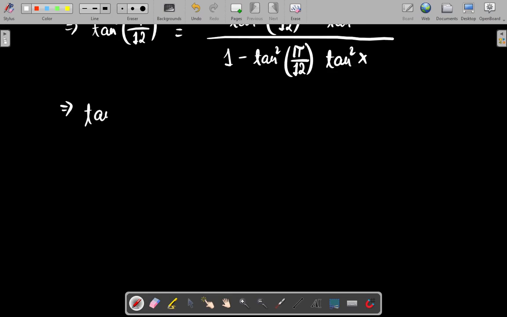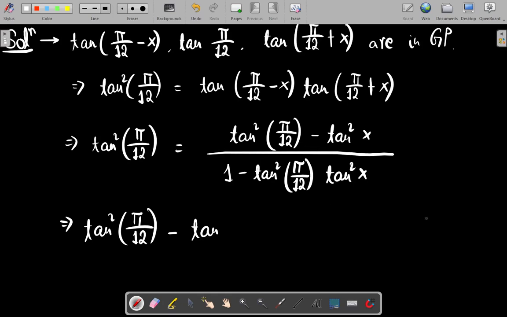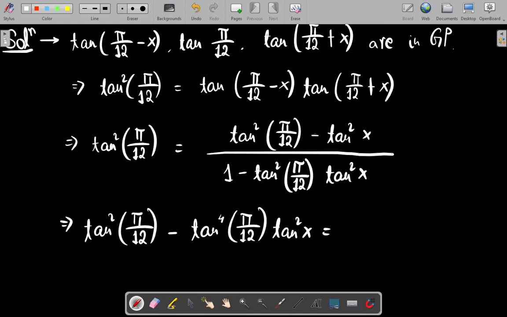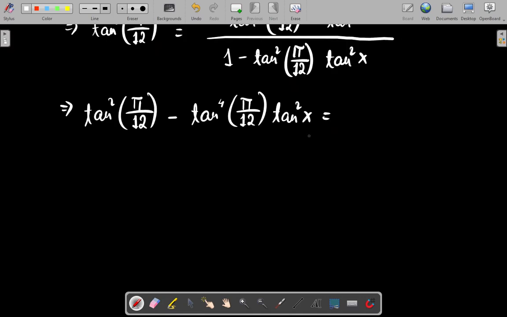The first term will become tan²(π/12), and tan²(π/12) times tan²(π/12) will become tan⁴(π/12) times tan²x. And the right hand side will be the numerator, which is tan²(π/12) − tan²x.